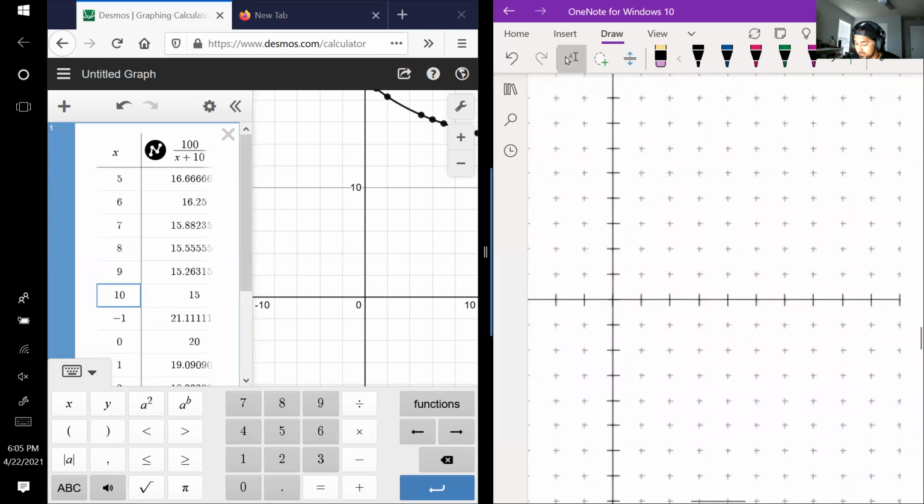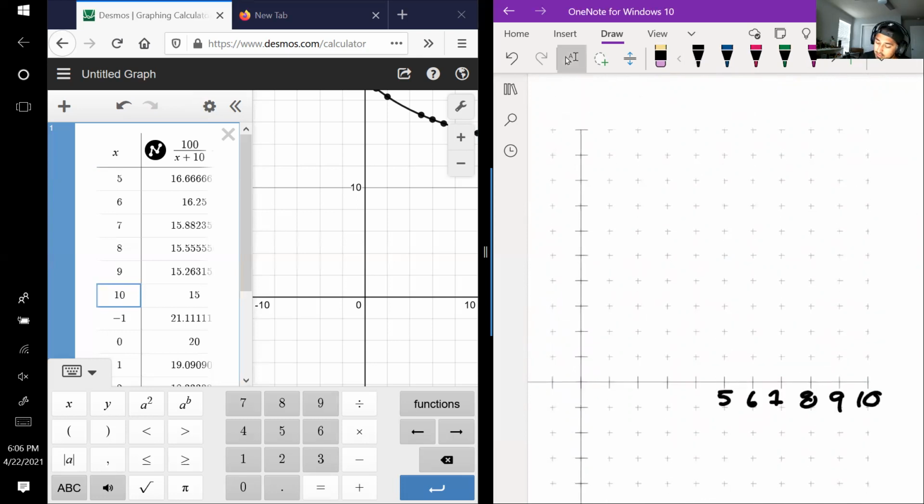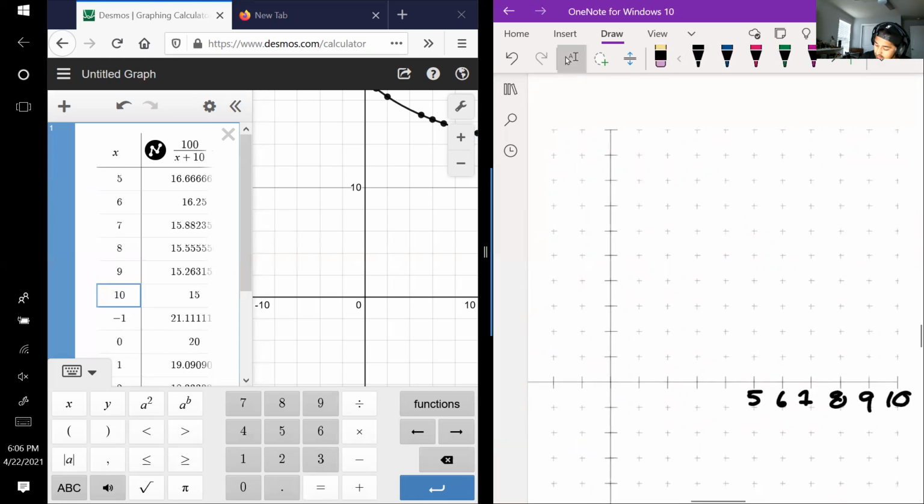We're going from 5 to 10. So 1, 2, 3, 4, 5, 6, 7, 8, 9, 10. And the highest we go is 16.67. The lowest we go is 15. So I could do this by 2s maybe.